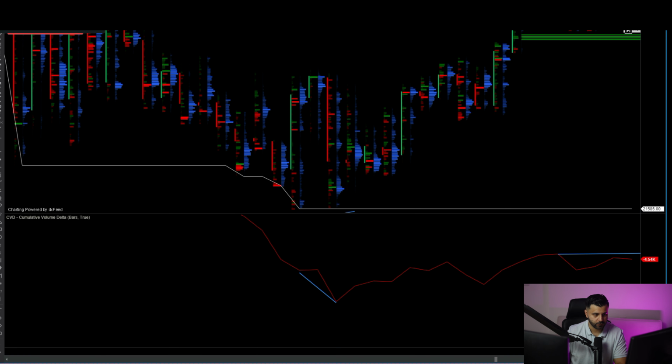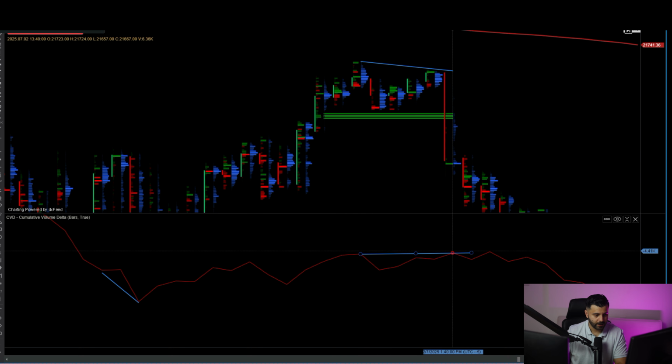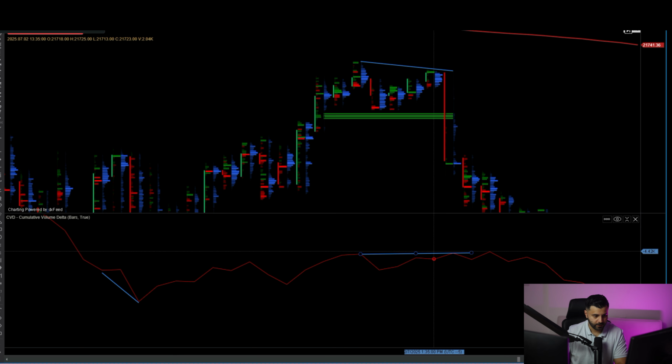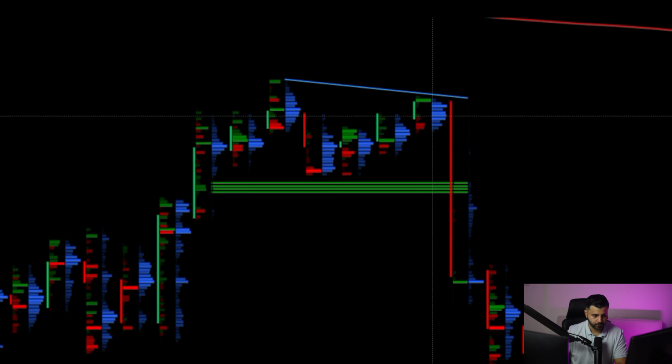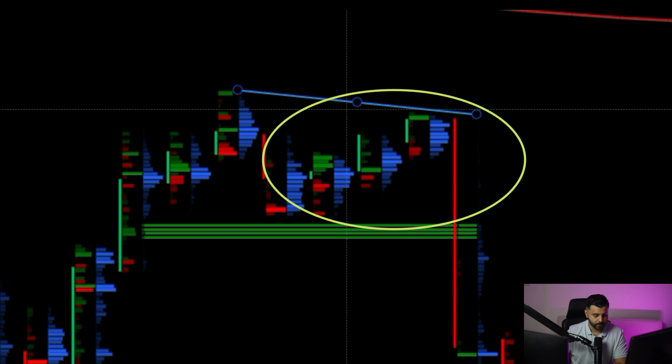Now let's have a look at the order flow, what happened here. All right, look at this. We make a higher high on the CVD and a lower high at that key level, my ledge. We have a higher high on the CVD and a lower high on the price. So that means there's a limit seller absorbing all this buying pressure.